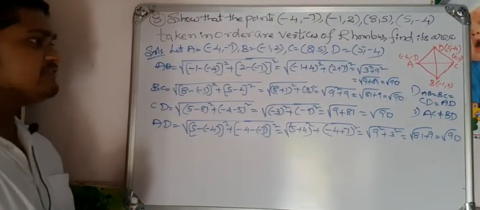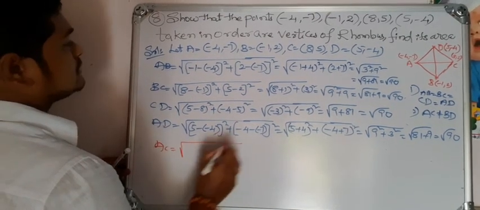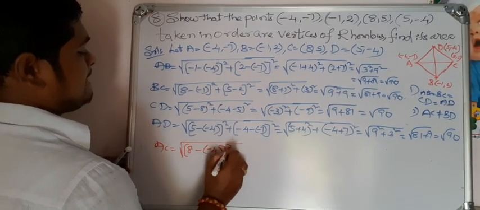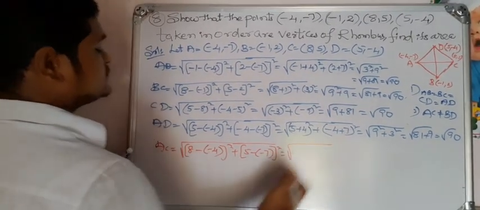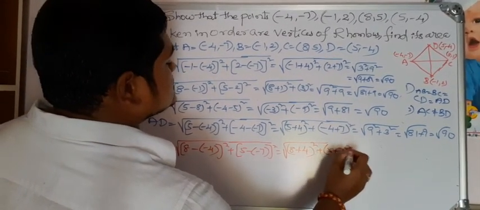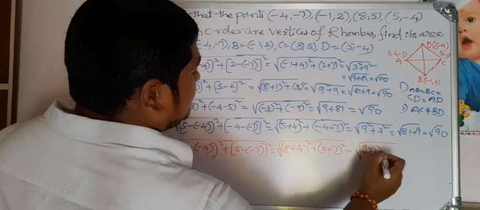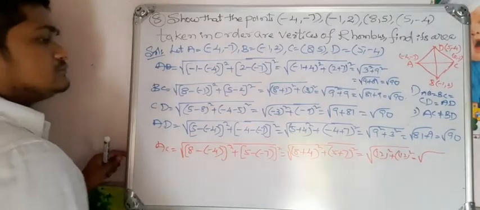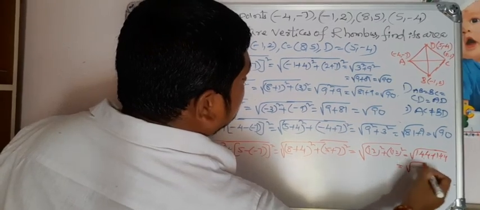Up to here we found the sides. Then find the diagonals AC and BD. AC is equal to root over the first point and third point: (8 - (-4)) whole square plus (5 - (-7)) whole square. So it is 8 plus 4 whole square plus 5 plus 7 whole square, which is 12 square plus 12 square. 12 square is 144, so 144 plus 144 is equal to root 288.